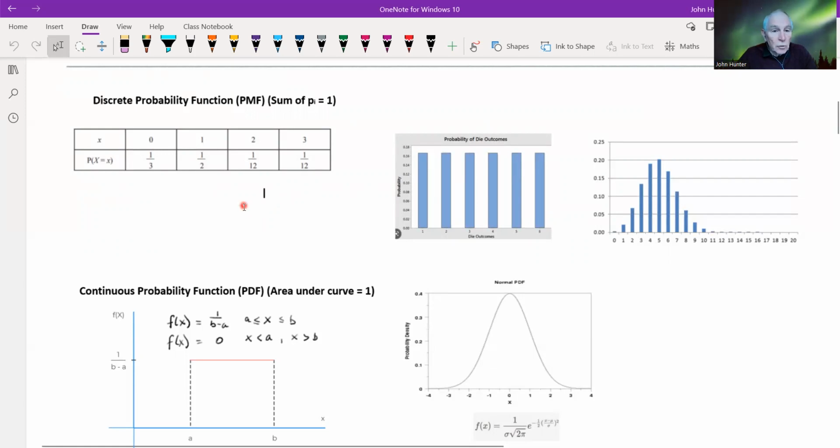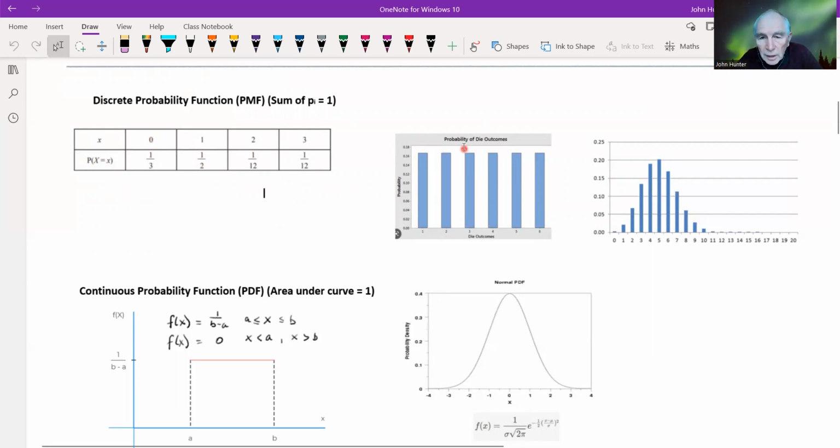The point here is that all these probabilities must add up to 1, and if we add those 4 values we find that equals 1. And here we're saying the probability that the random variable takes the value x is, for x equals 0, this, for x equals 1, that, and so on.